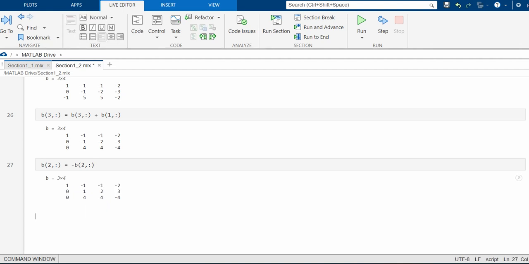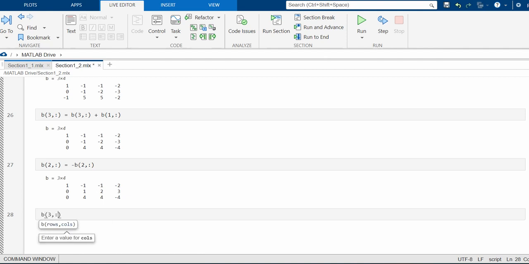And to do so, I'm going to take row 3. Row 3 is going to equal itself, row 3, minus 4 times row 2. All right, so -4 times 1 plus 4 will be a 0.